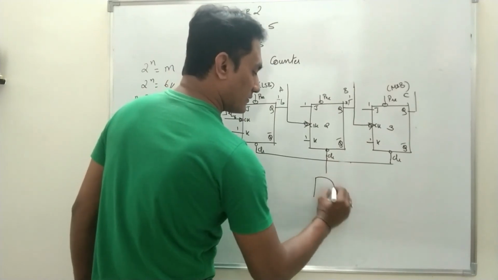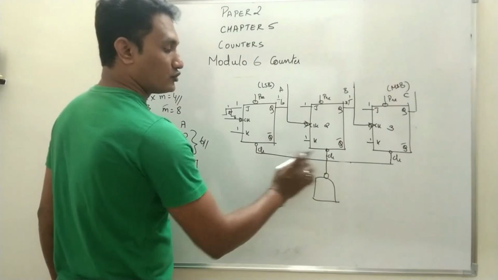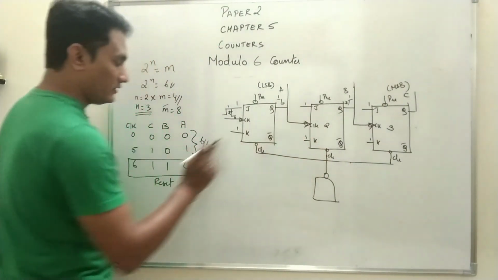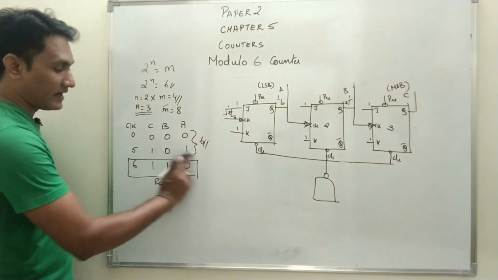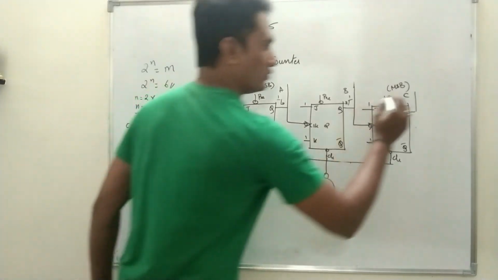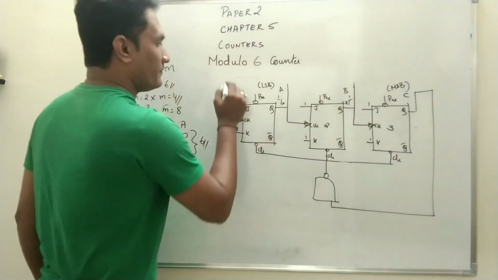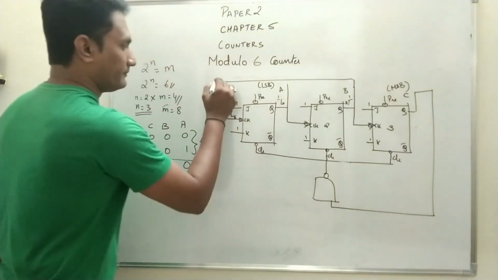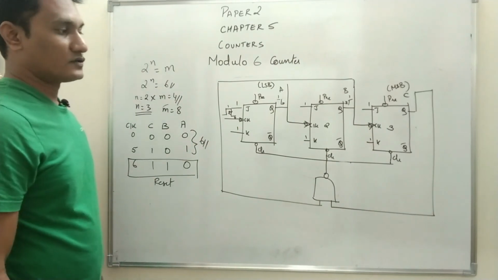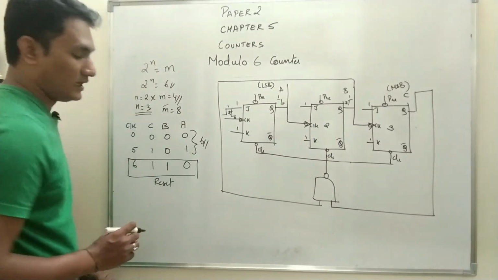Output of the NAND gate should be connected to the clear terminal, and the input for the NAND gate you have to decide by this bracket. You have to see which variable is 1. C and B are 1. So you connect C and you connect B.